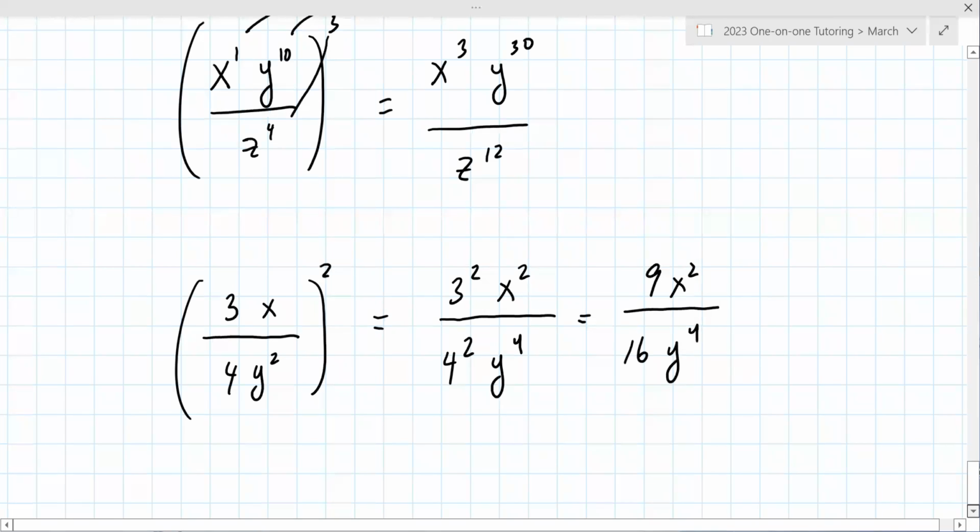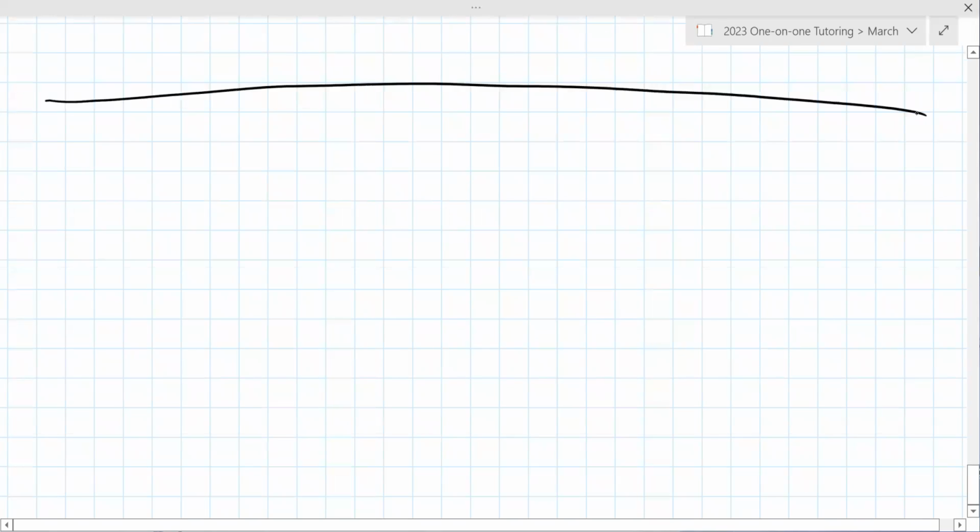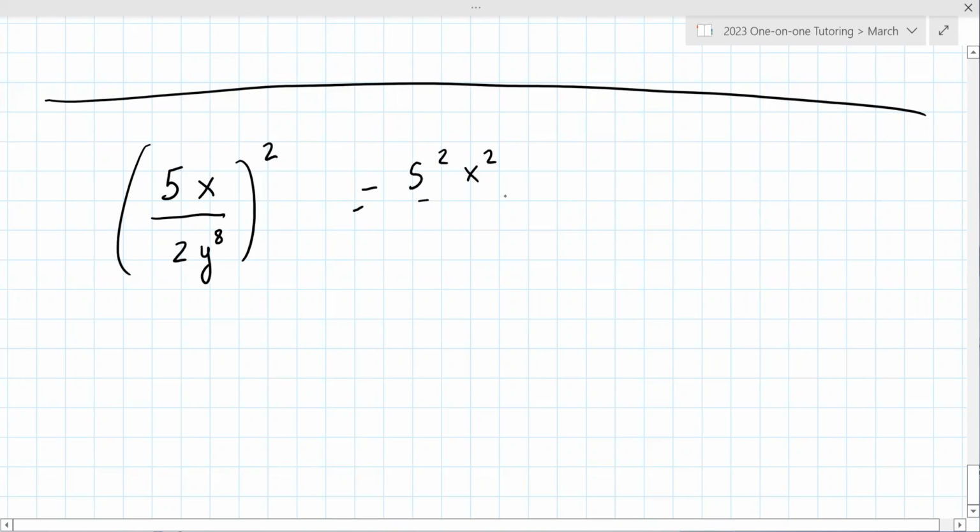All right, so let's have you try a couple here, see where you're at with your understanding. So let's say it's 5x over 2y to the 8th, squared. That would be 5 squared x squared over 2 squared and y to the 16th.